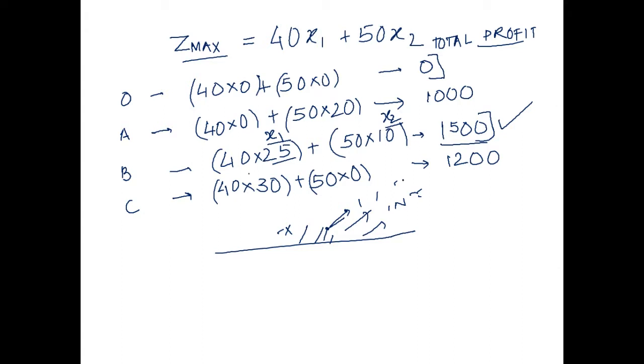Because 0 means that you are not producing anything, which is not a feasible, practical alternative. So we will not take 0 as an alternative, even in minimization, where we look for the minimum value or the cost we can minimize. It can't be 0, because 0 means the company is not working, it's stopped.